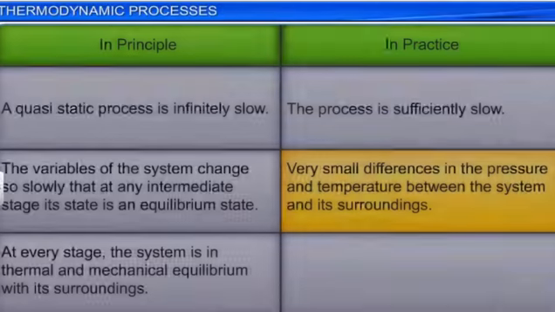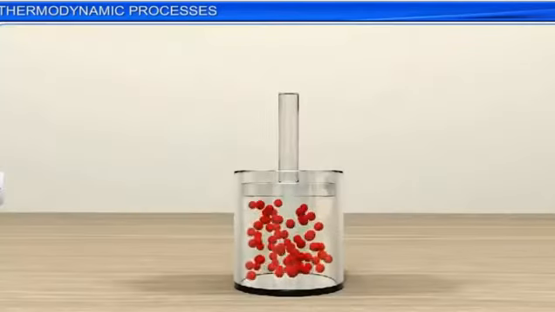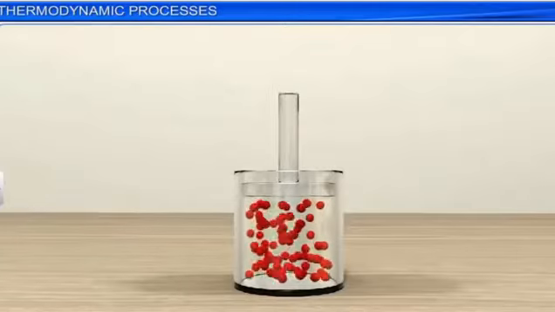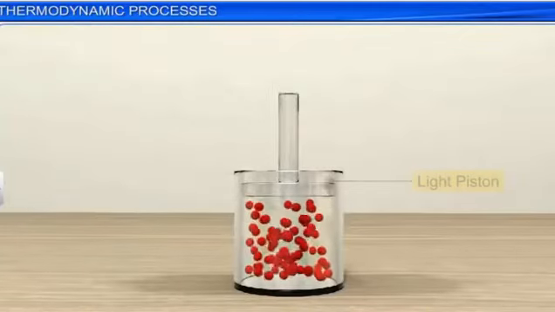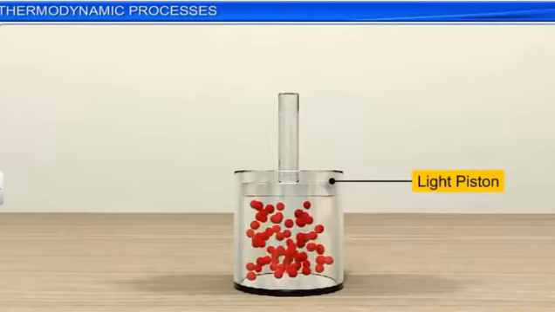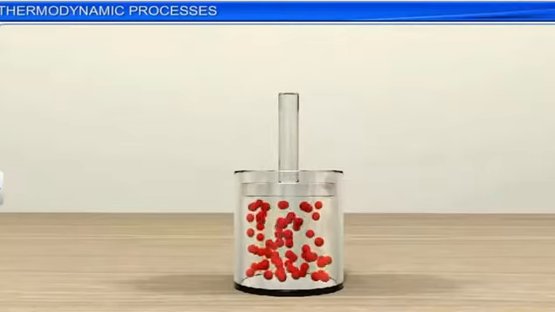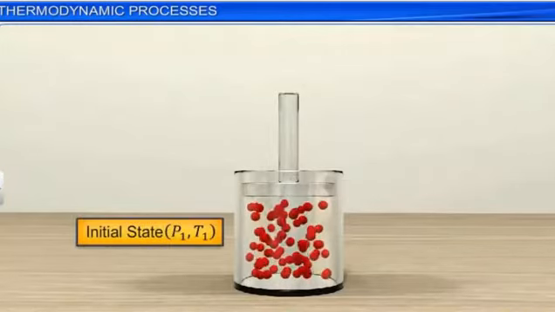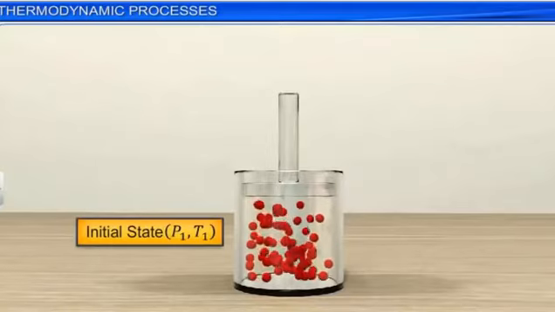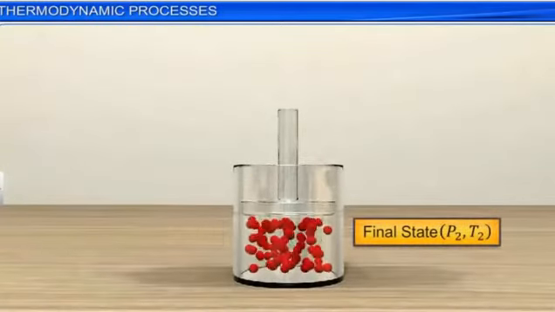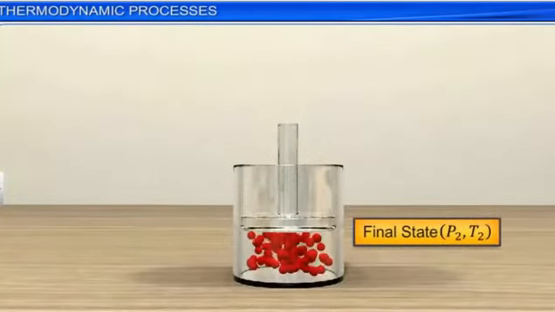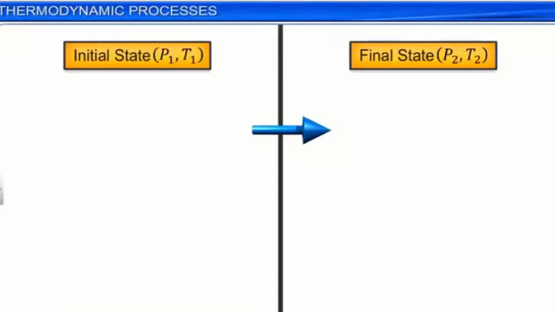For example, if we want to take a sample of a gas in a container with a light movable piston, from an initial state P1 T1 to a final state P2 T2 through a quasi-static process, at every intermediate stage, the gas must be in thermal and mechanical equilibrium with its surroundings.